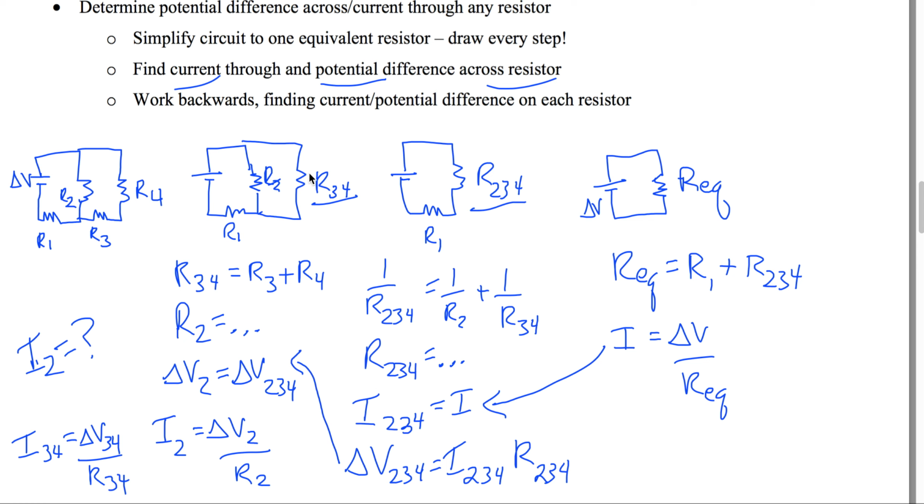Once you have this current, you go back a step: these two were in series to get here, so the current through R4 has to be the same as the current through 34. So I4 would be equal to I34.